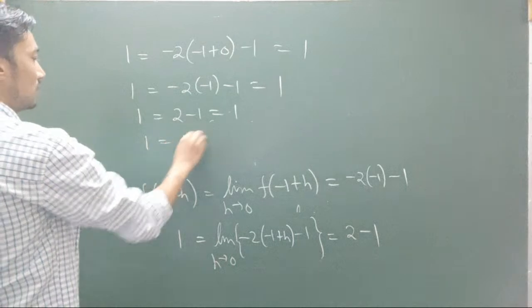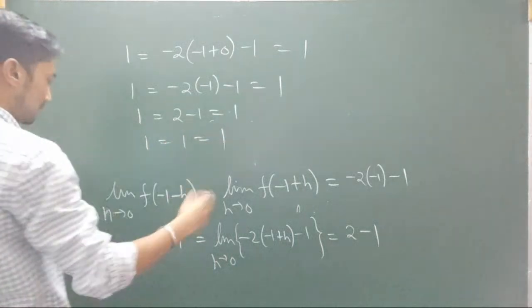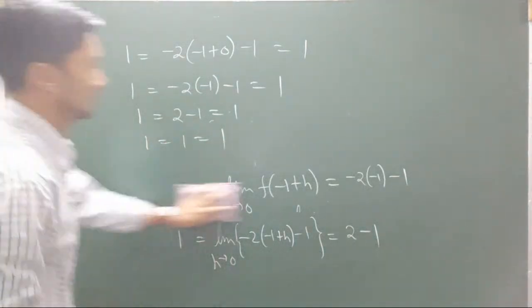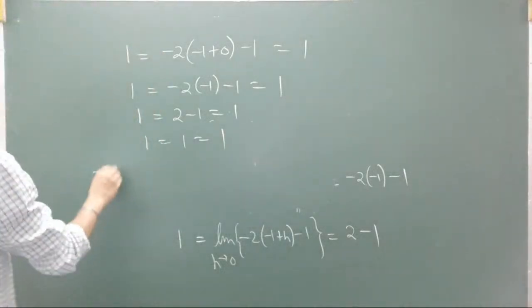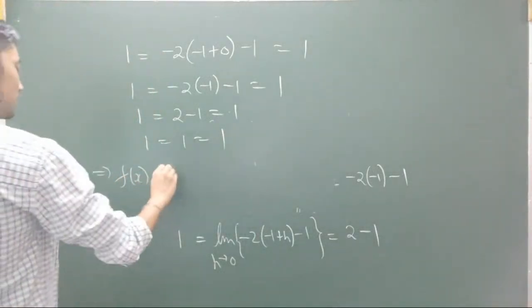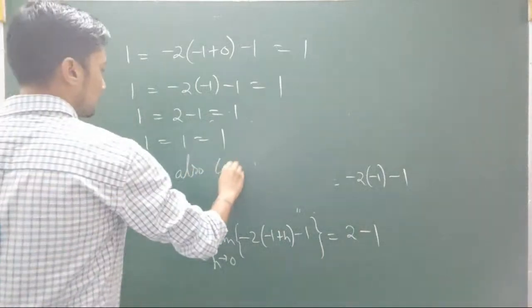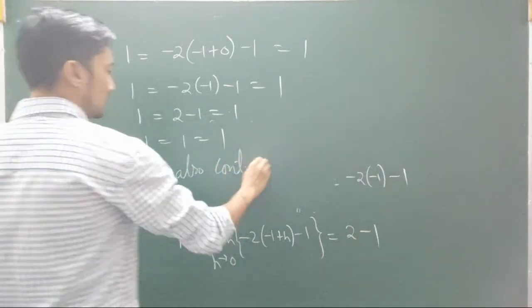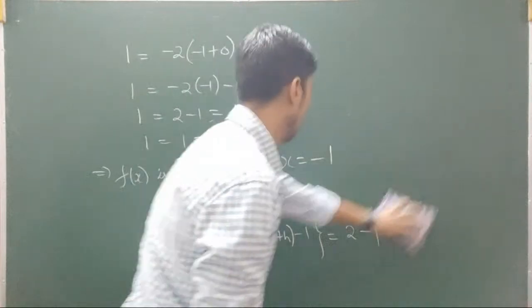So 1 equal to 1 equal to 1. So here also you can see that f of x is also continuous at x equal to minus 1.